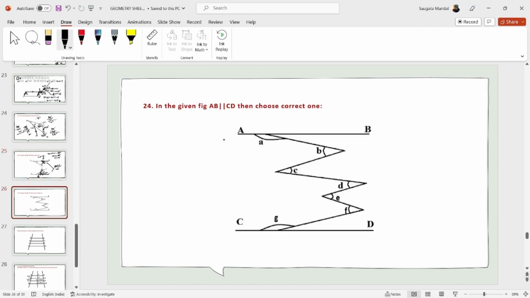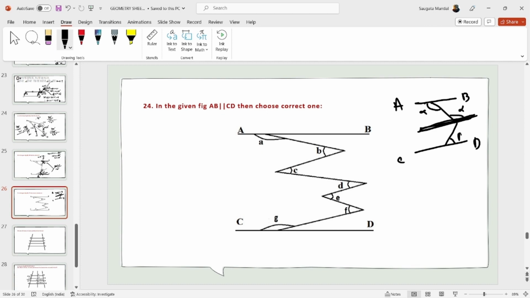Next question. You know that two parallel lines AB, CD. This is the line, this is the line. If this value is alpha, then this value is alpha.